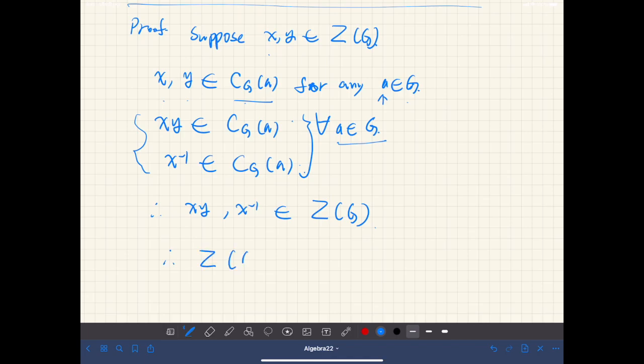Therefore, the center of G is a subgroup of G. And we are done.